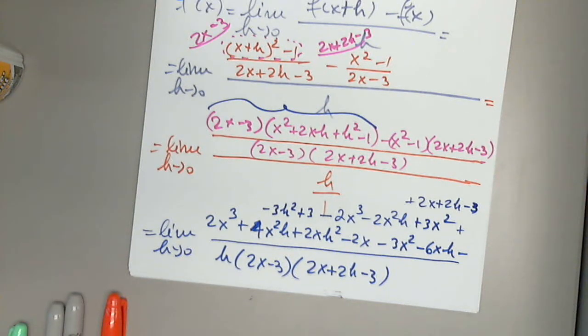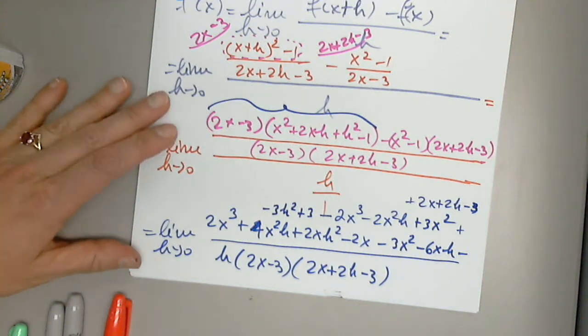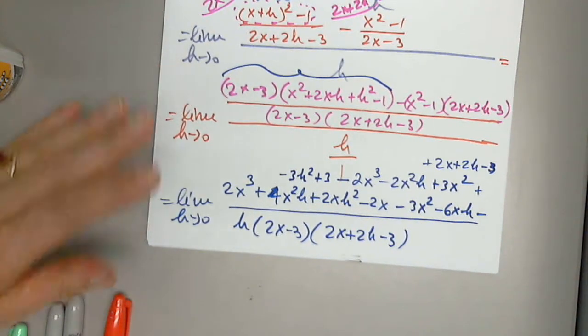So I'm checking: 2x cubed plus 4x squared h plus 2xh squared minus 2x, and then minus 3x squared minus 6xh minus 3h squared and plus 3. And then 2x cubed plus 2x squared h, but with minus in front, and then positive 3x squared, and then 2x, 2h minus 3. Good. I know, it's just because of that x squared.